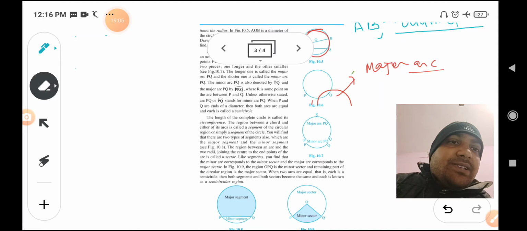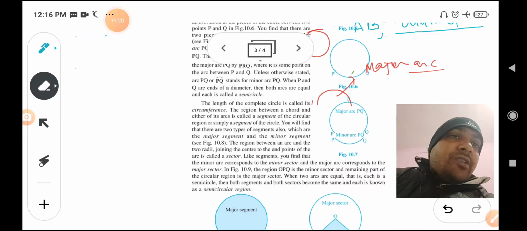Like segments, the minor arc corresponds to the minor sector and the major arc corresponds to the major sector. What is a sector? The region between an arc and the two radii.